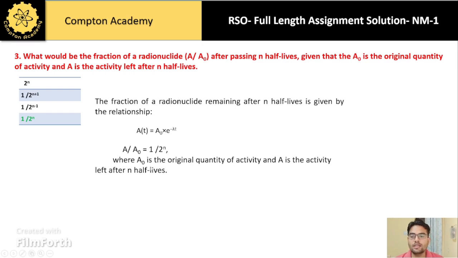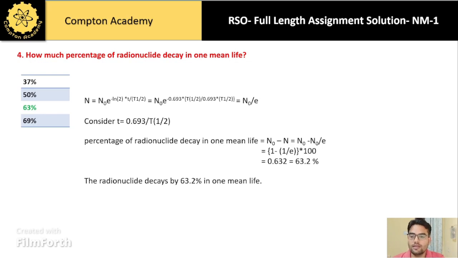Now question number 4: what percentage of radionuclide decays in 1 mean life? Here the well-known equation has been written. N is the number of atoms remaining after time interval t, and N naught is the number of atoms at time t equals 0.